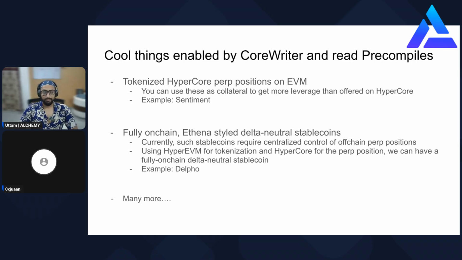But the issue there is that the perp position is on a centralized exchange. So now with HyperCore and the EVM, you can have a stablecoin minted on the EVM, but on the back end, the carry trade works by moving the assets which are deposited on the EVM into HyperCore, and then performing the perp short on HyperCore.